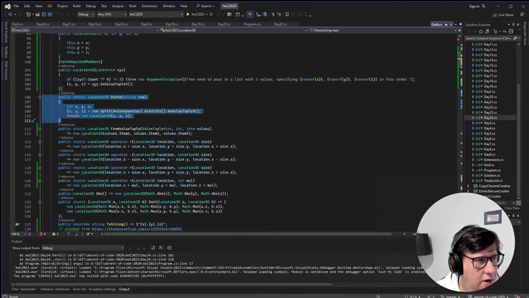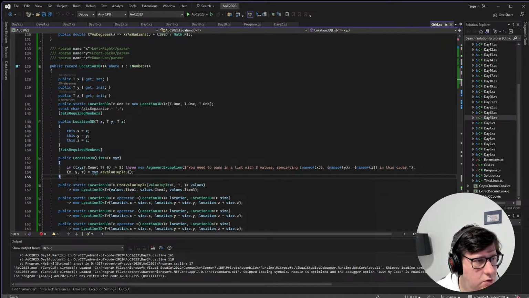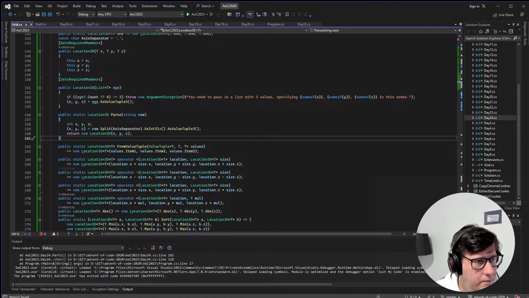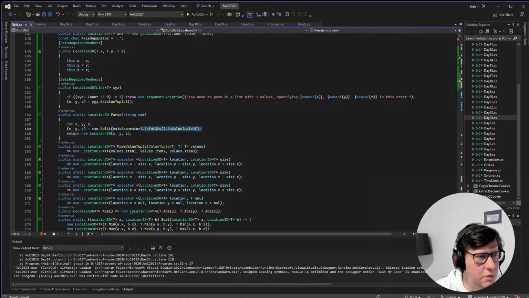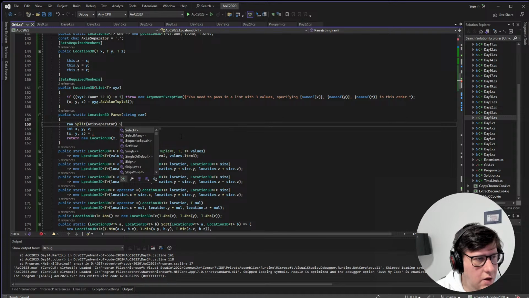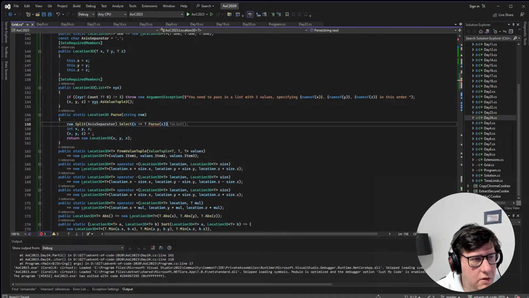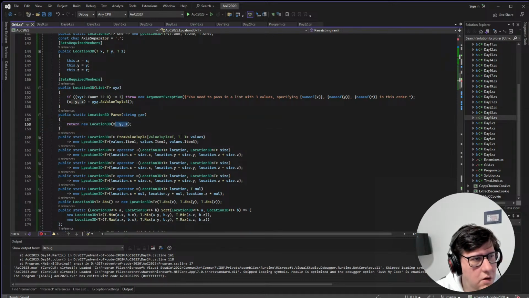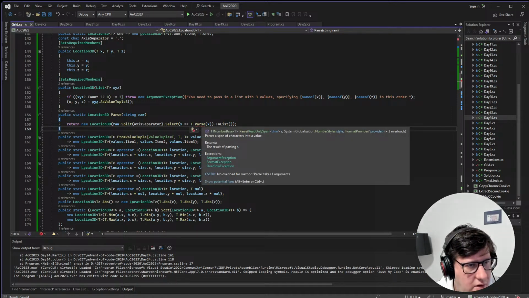Let me see if I can translate this, because this won't work here. So I can do select x, T.parse x, to list, and then I can basically do this one. What does it say?